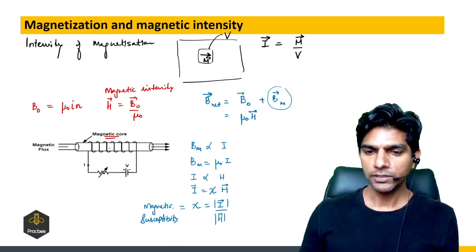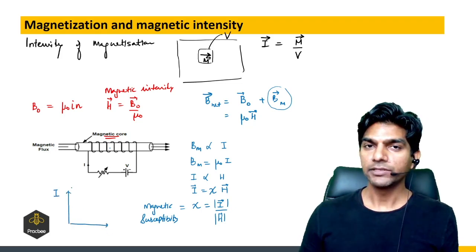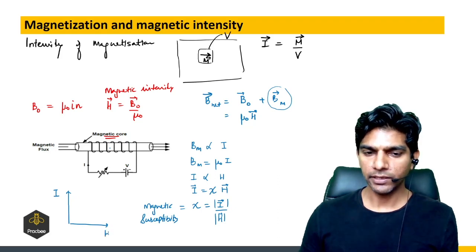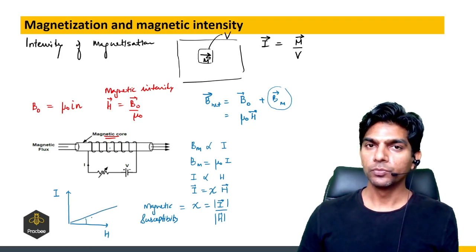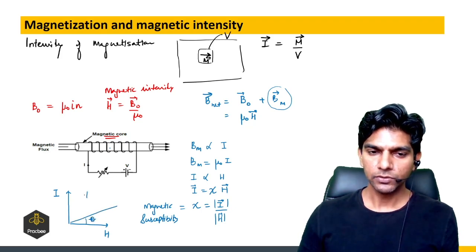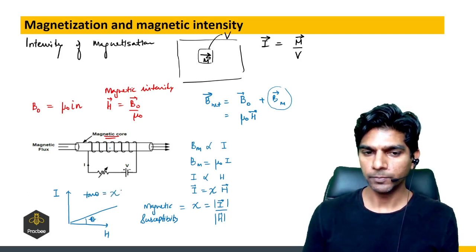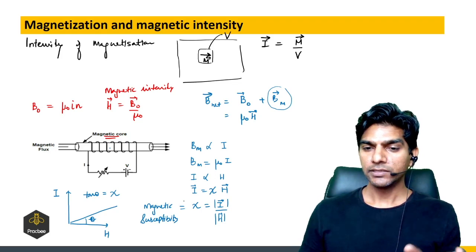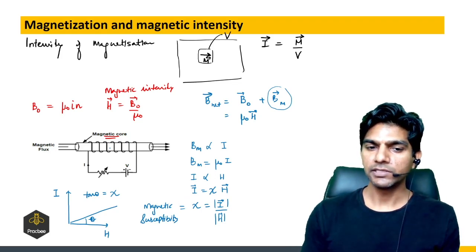So do remember this. If we plot on the y-axis the intensity of magnetization, and on the x-axis the magnetic intensity, then it will be a straight line. If this angle is theta, then tan theta is nothing but the magnetic susceptibility of the material. And this magnetic susceptibility can be positive, it can be negative. We'll see, right?